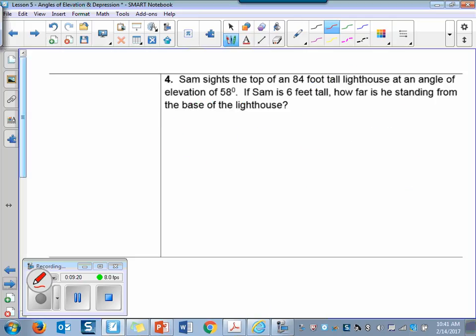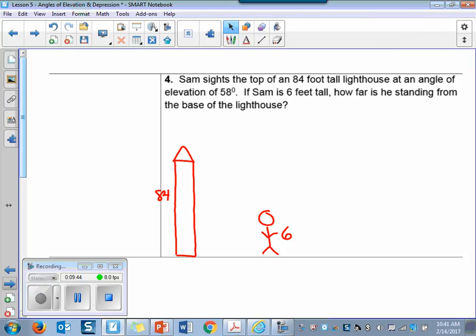Okay, Sam sights the top of an 84-foot tall lighthouse at an angle of elevation of 58 degrees. If Sam is 6 feet tall, how far is he standing? So remember, we come from Sam's eyeballs, and we're going to assume his eyeballs are at 6 foot.